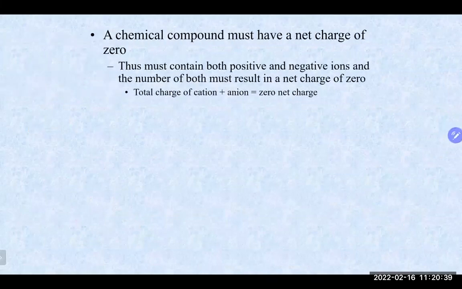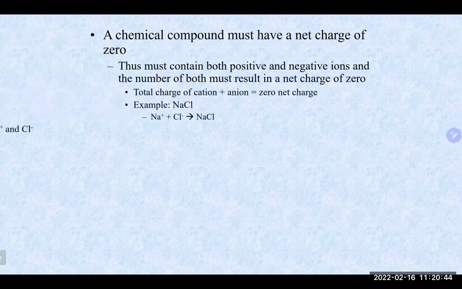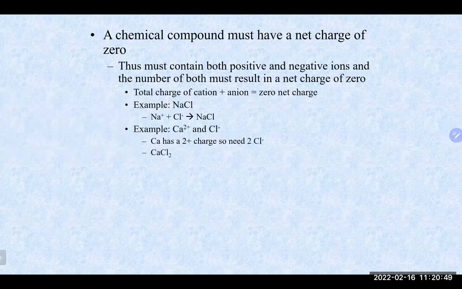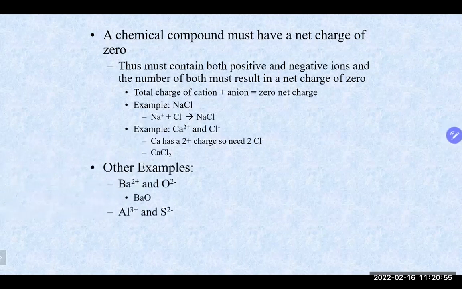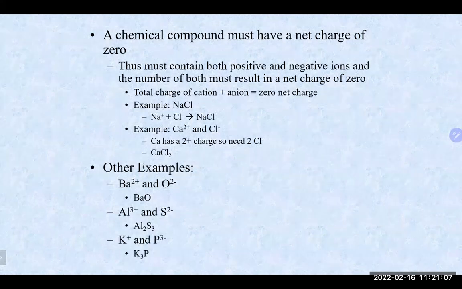Now, also when we talk about ions, it's really important that whenever we put together a positive ion and a negative ion, the overall charge is going to be 0. So you want it to be a neutral compound. And we'll take a look at each of these in just a second. We want to put together the positive ion and the negative ion in the simplest way that you could achieve 0.